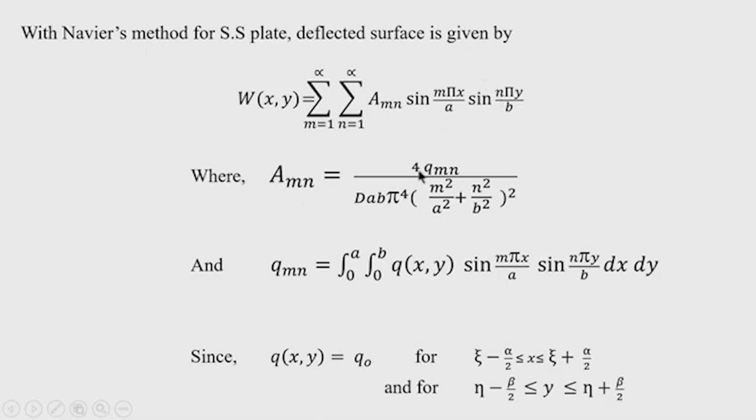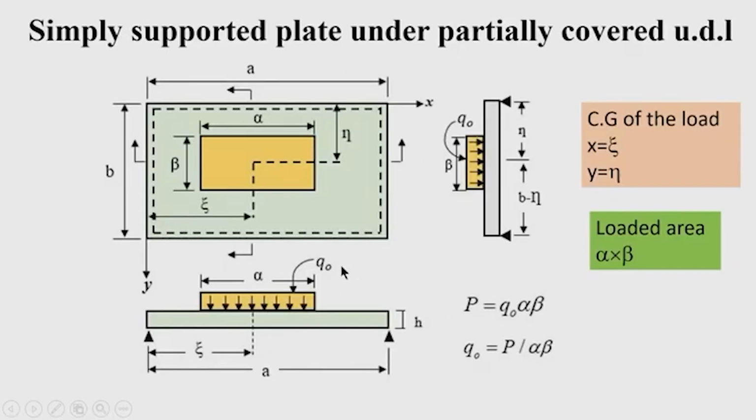Amn is the parameter 4 qmn divided by D a b pi to the power 4 into (m square by a square plus n square by b square) whole square. Qmn here will be different, because q is not a fully distributed, fully covering load. This q is now occupying only a certain portion of the plate.